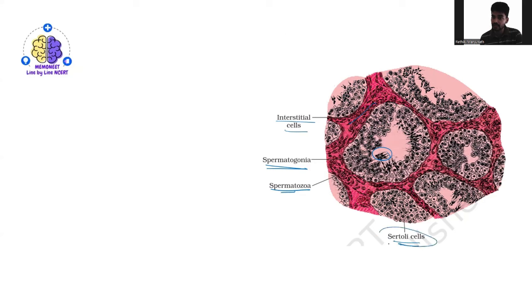What is the function of the Sertoli cells here? They provide nutrients to the germ cells for sperm development. This is the male germ cell, or spermatogonia.